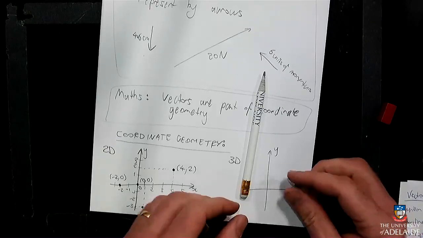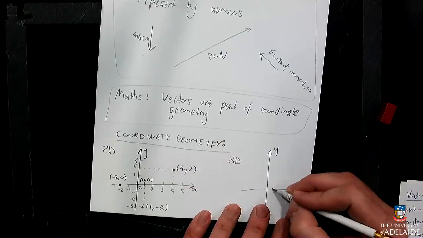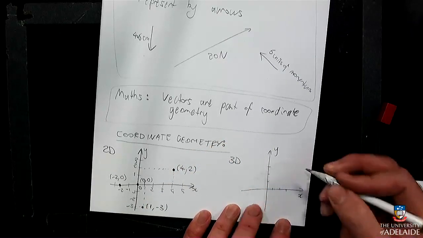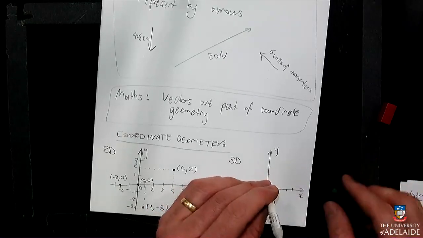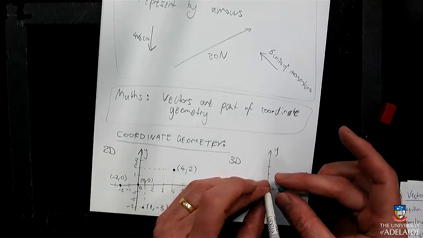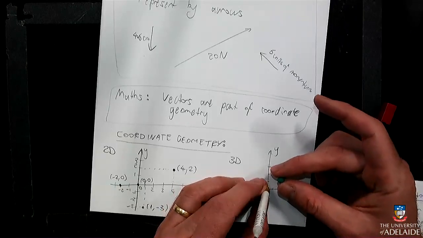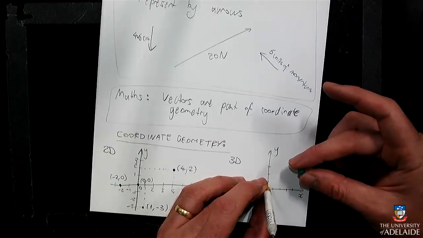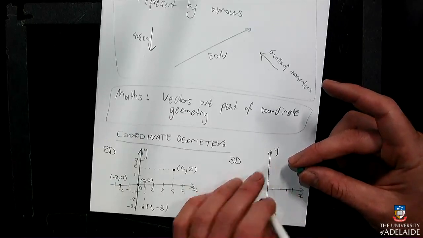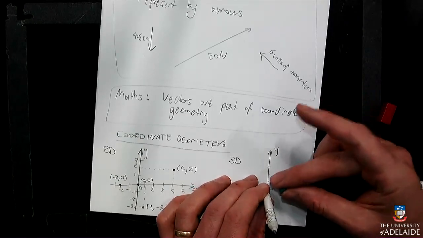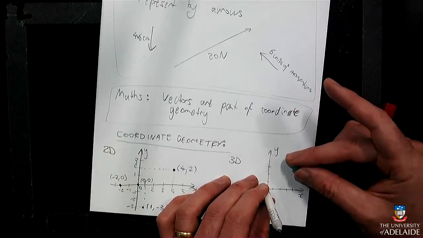So for example, this point just here, which lives in space, lines up with 4 on the x-axis and 3 on the y-axis and about 2 on the z-axis. And so it would have 3 coordinates.